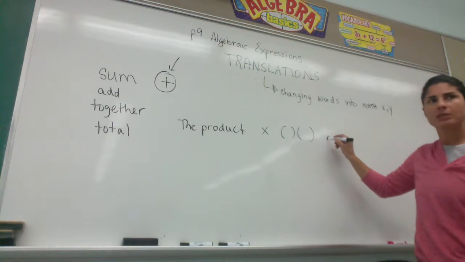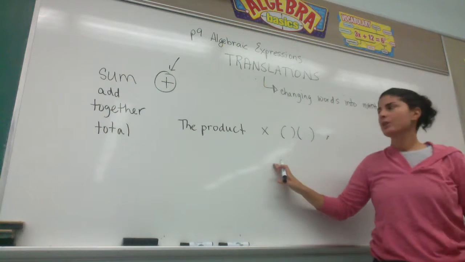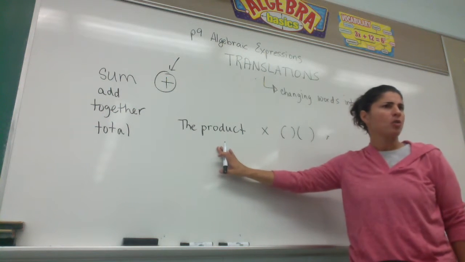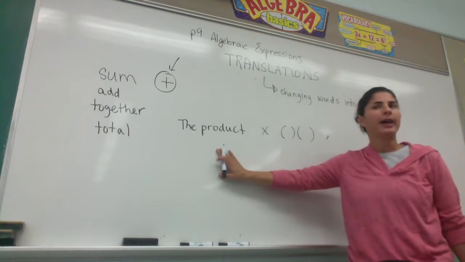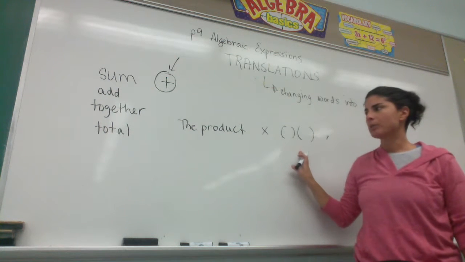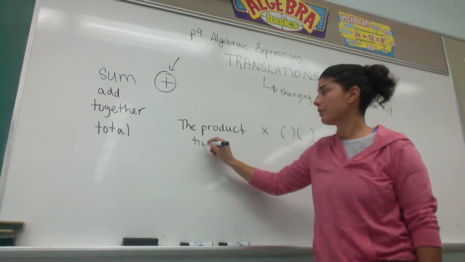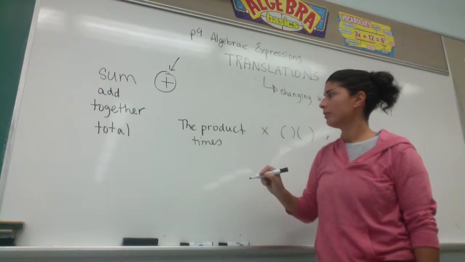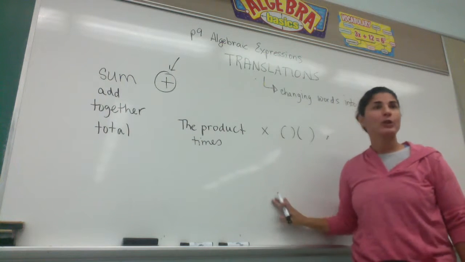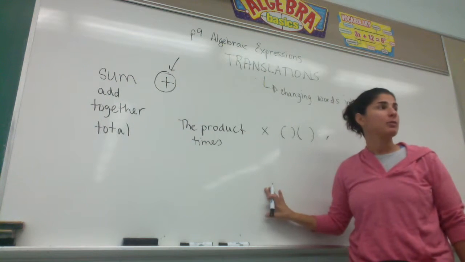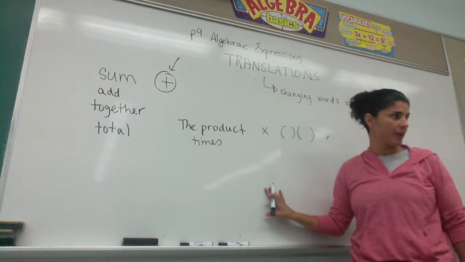A dot means multiplication. So there are different symbols. But when we say the product, or multiplied by, we know we're using times. As we go through our examples, we're going to see more and more that we can identify.